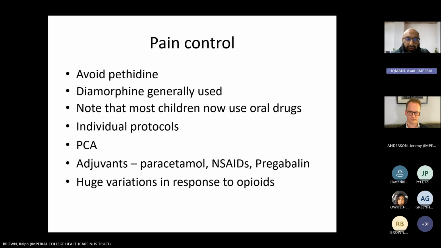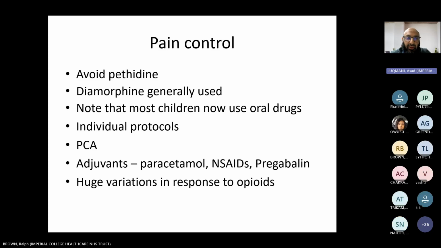In terms of analgesia, as mentioned previously, the NICE guidance also stresses avoidance of pethidine as the analgesia, unless there's no other alternative. The guidance is quite old, as mentioned, and does recommend diamorphine as the first line opioid of choice.